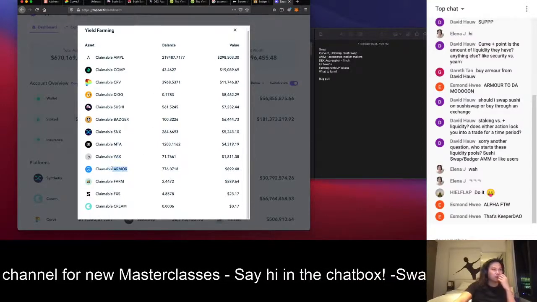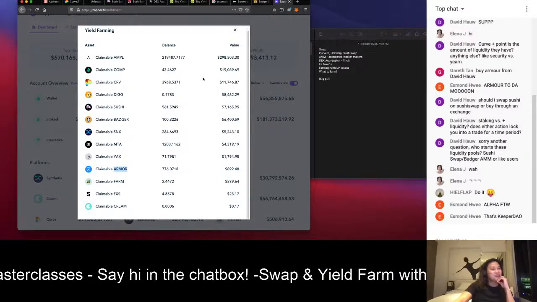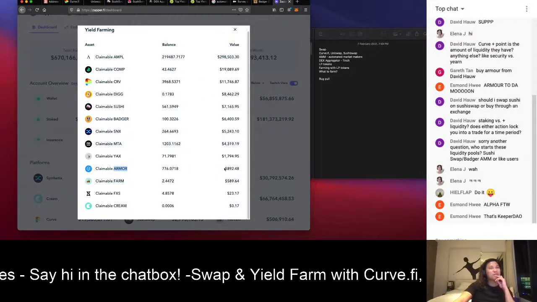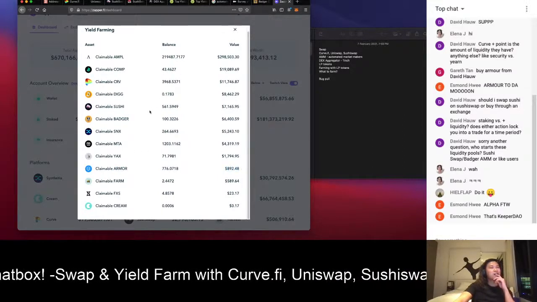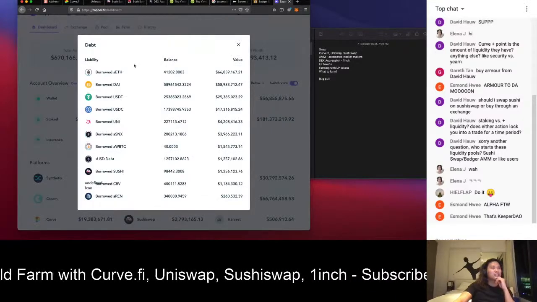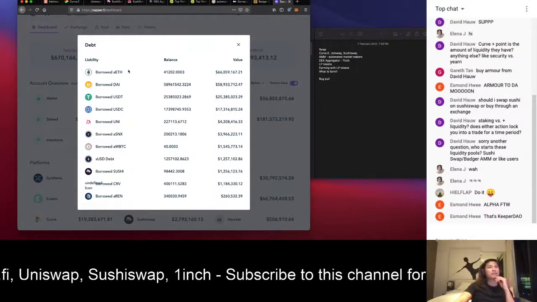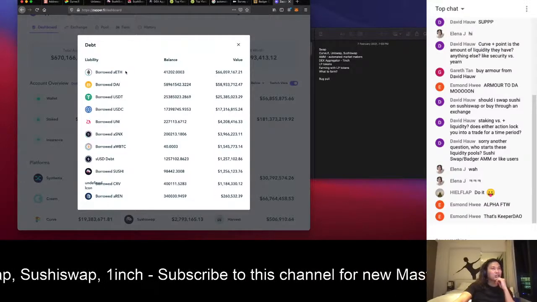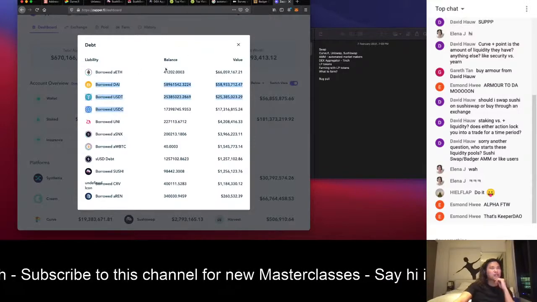Oh, Esmond, look, he's doing Armor as well. Quite small though. Yeah, see his debt, kind of the stuff that he borrows. Quite standard. People usually borrow like a lot of stable coins, right?